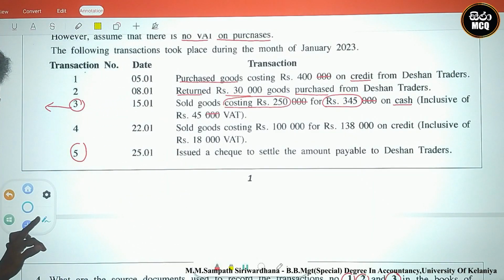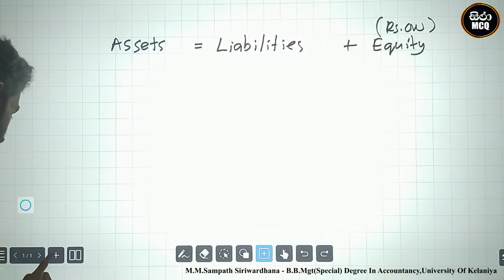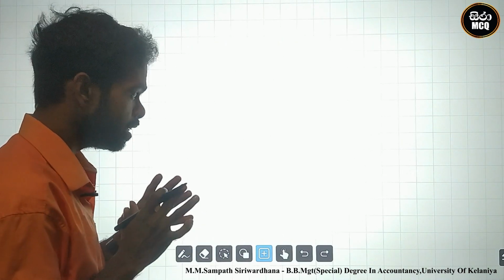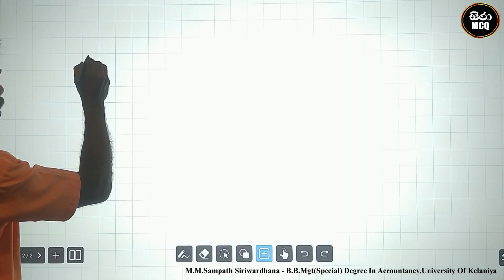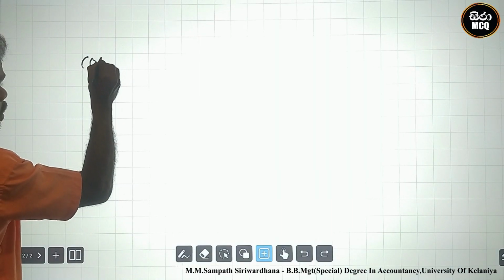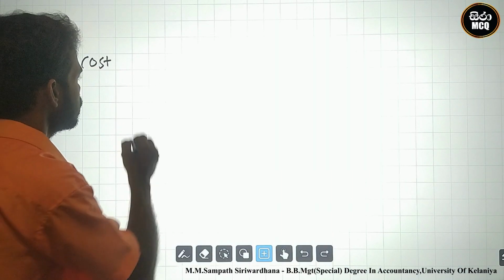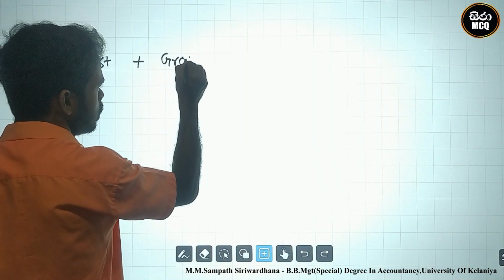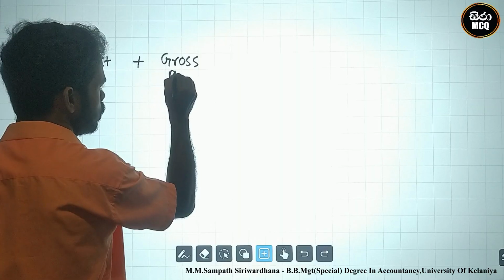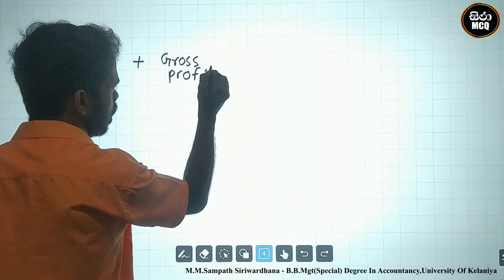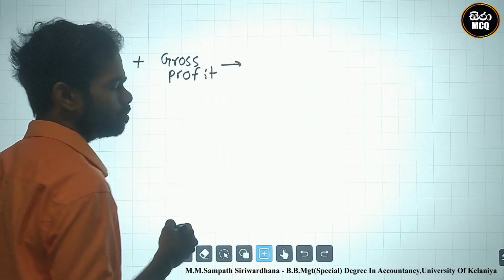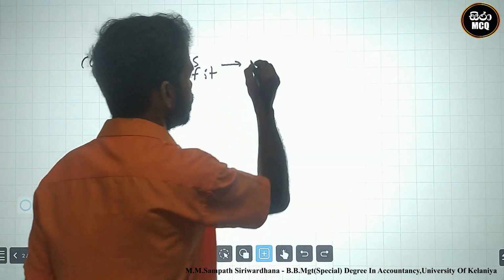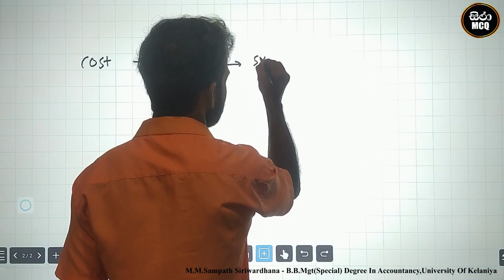Look here, we must create a schedule. At the sales point we can create this schedule: cost of the stocks plus gross profit. After that we can identify the selling price without VAT.